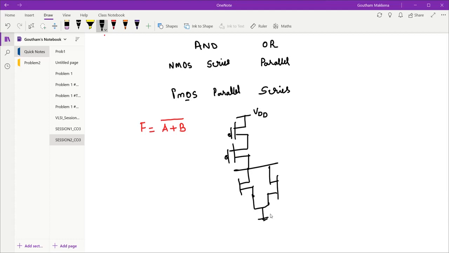So this is your pull down network consisting of NMOS transistors. They are in parallel, A and B, and these are your PMOS transistors. Because it is an OR operation, they are in series, A and B, and this is where you take the output F. Of course, your outputs are always complemented in your CMOS.